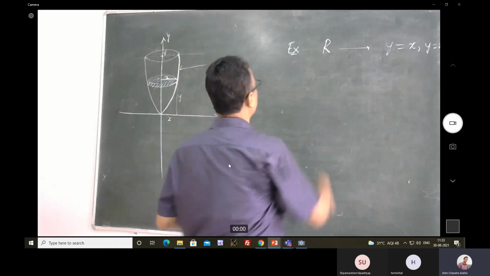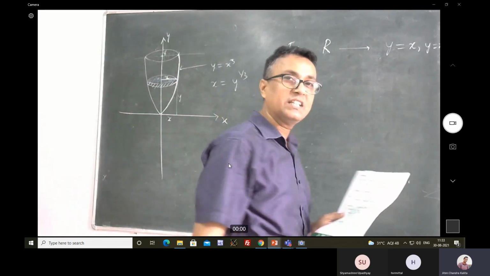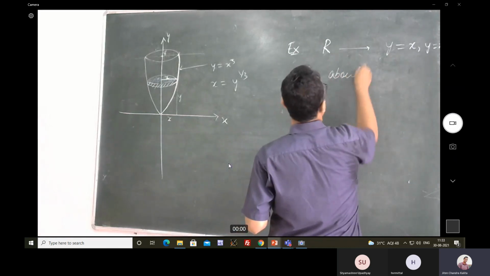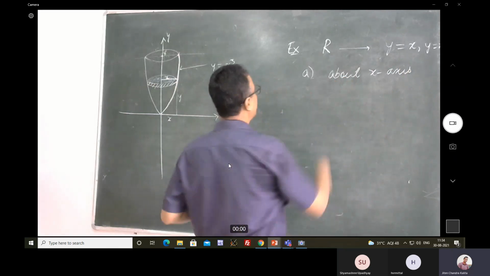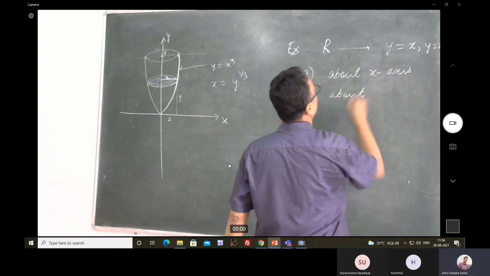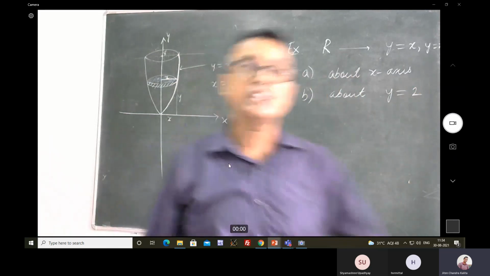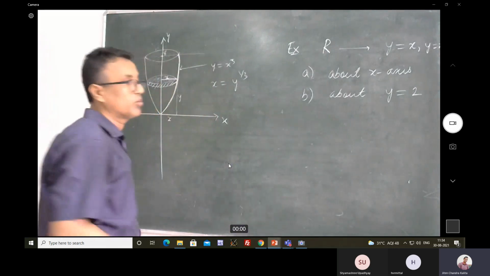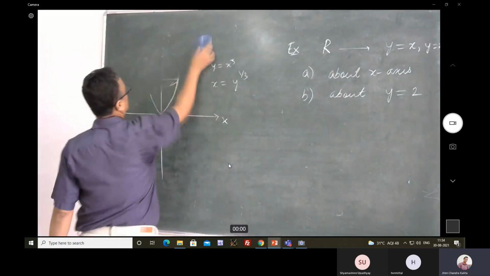Firstly I am rotating that region R about the x-axis, and then I'm rotating it about the line y equal to 2. Then you have to find the volume of the solid of revolution. Not surface area, sorry, solid of revolution.